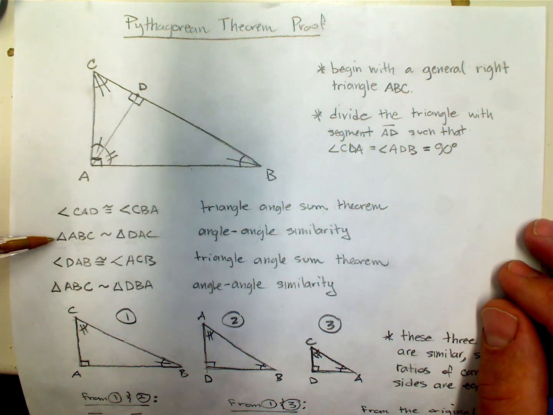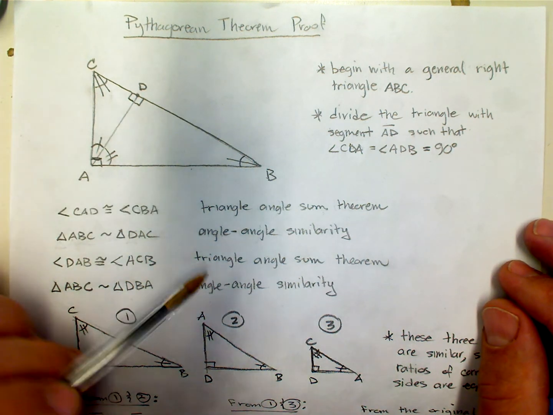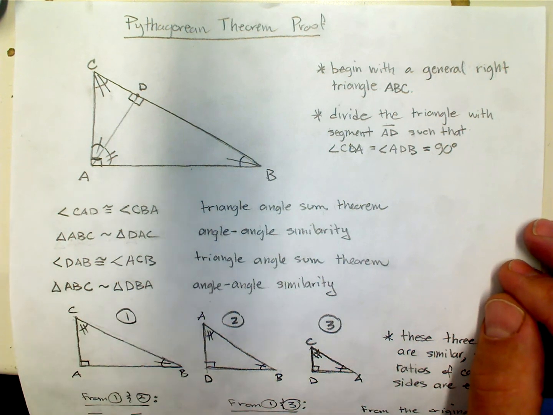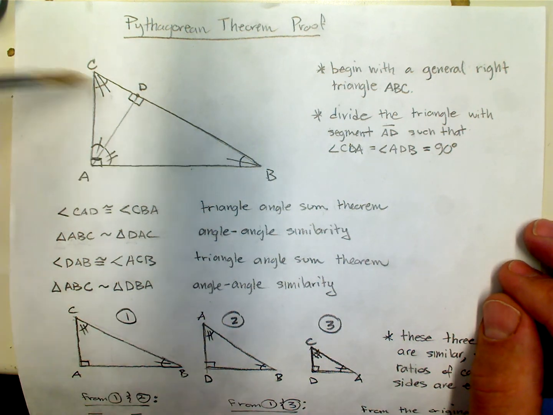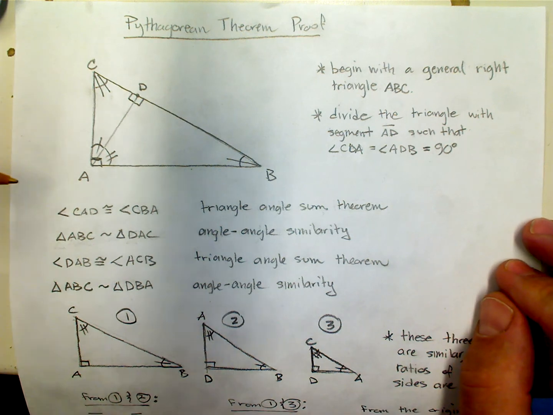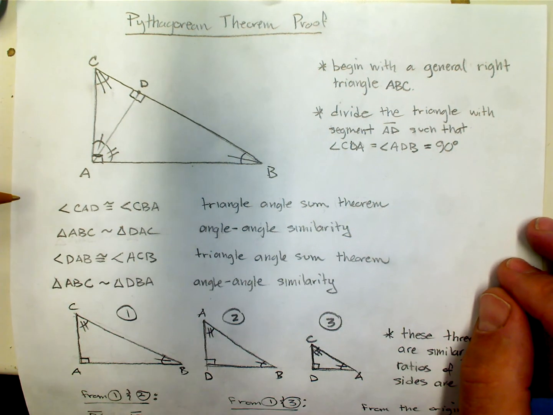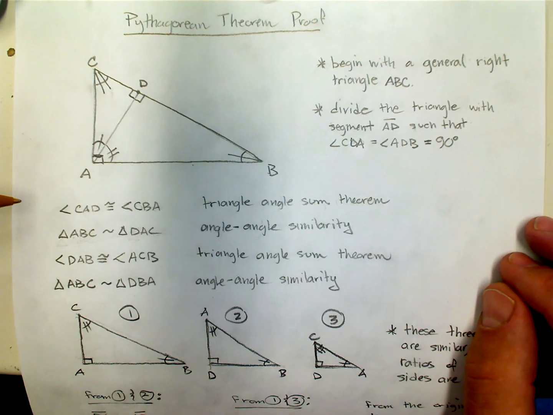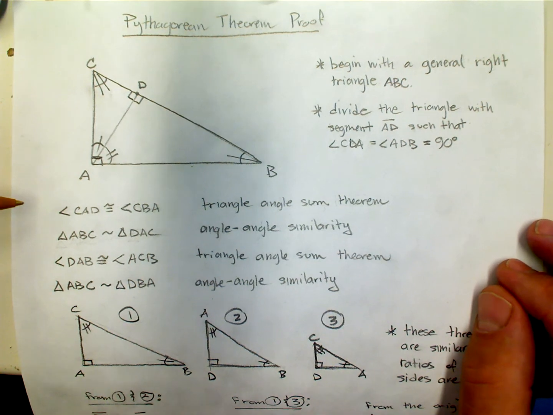And what that allows me to do is to use what we call angle-angle similarity to demonstrate that the big triangle is similar to the medium triangle. And what it means for two triangles to be similar is that they're the same shape, but they may be different sizes. And that's an important thing for our proof that is going to come up in a little bit.